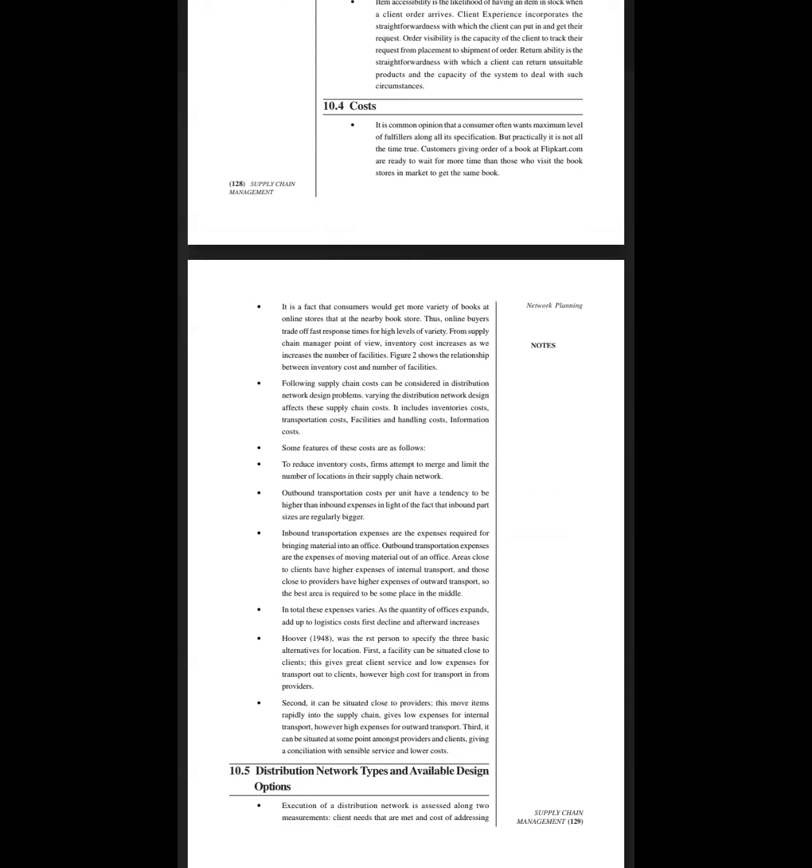Now see, they are giving the focus on online marketing, the online network, because nowadays people are not going to the doorstep. They are purchasing the goods, the books, from online stores.